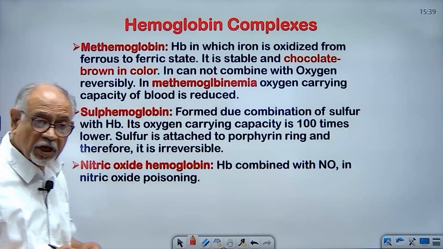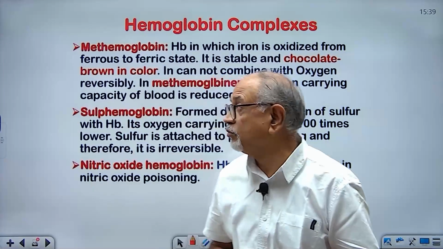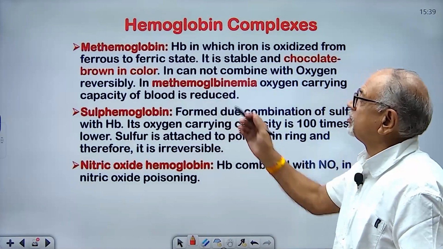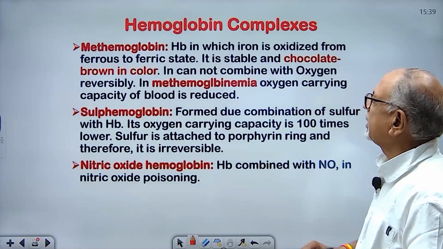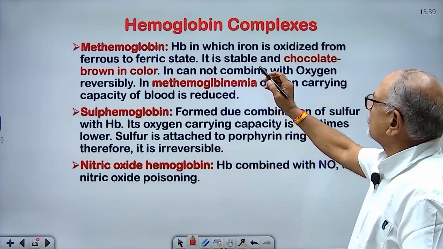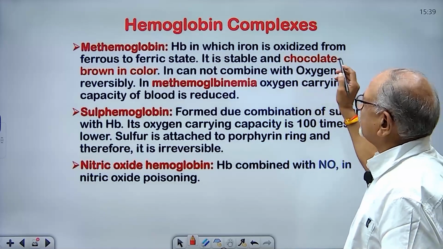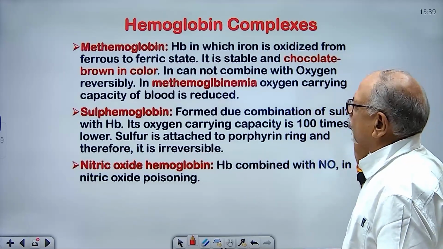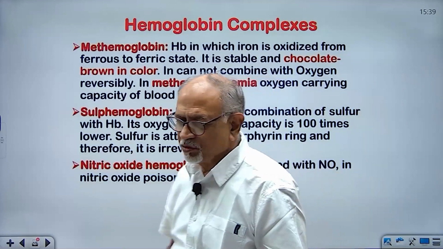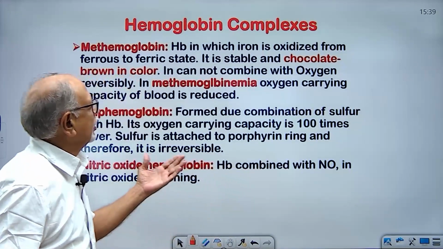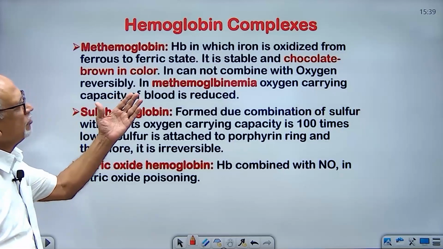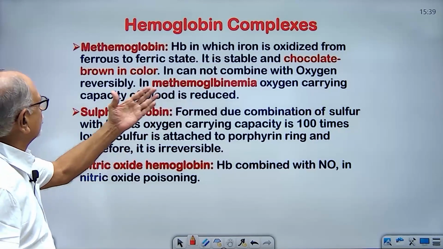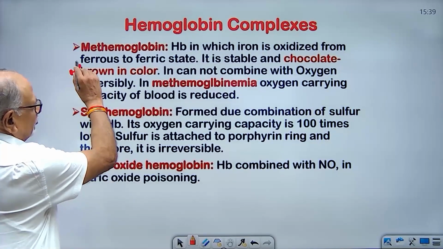Now, some other complexes with hemoglobin. One is methemoglobin. In that hemoglobin, the iron is oxidized from the ferrous state to the ferric state, and it is a stable compound which is chocolate brown in color.